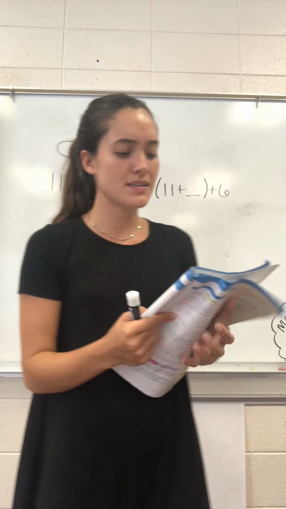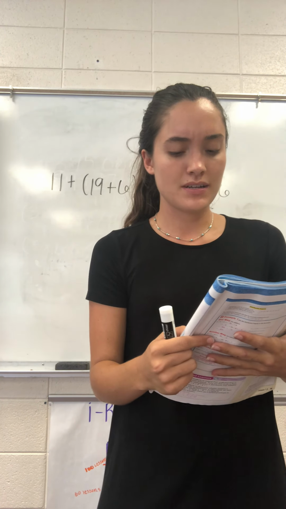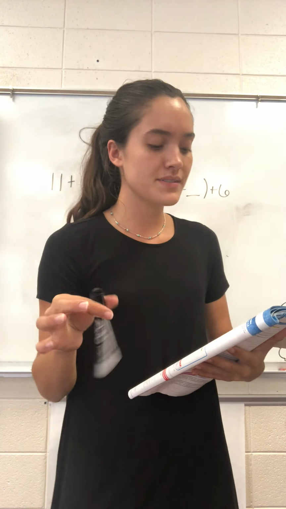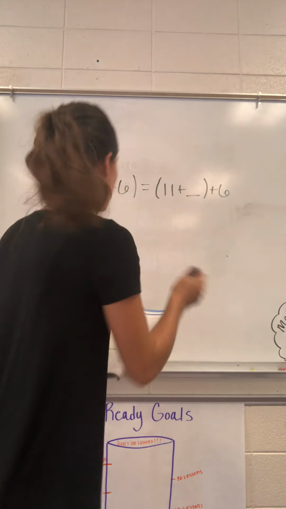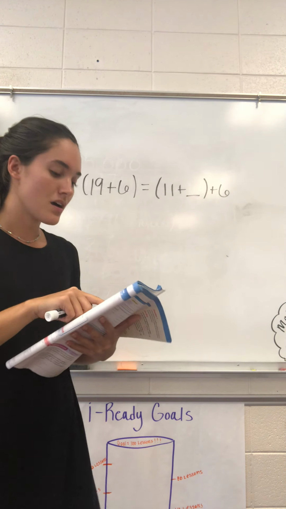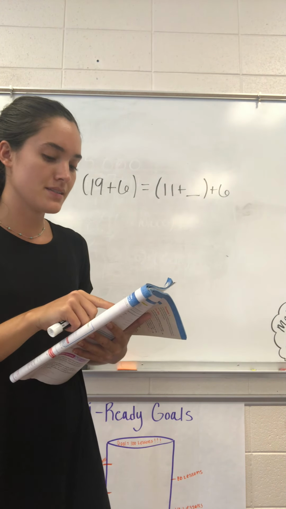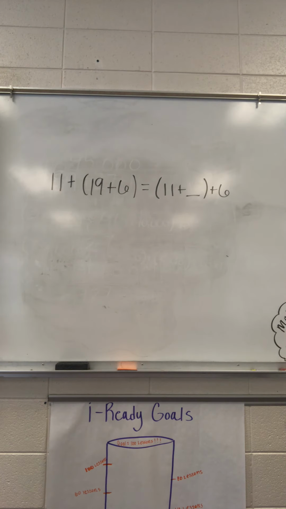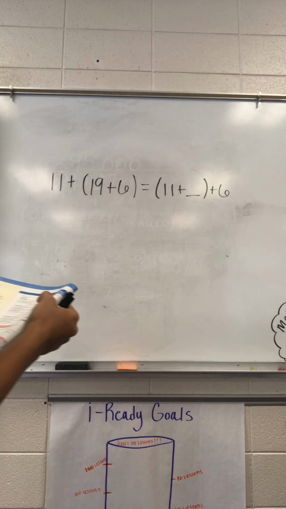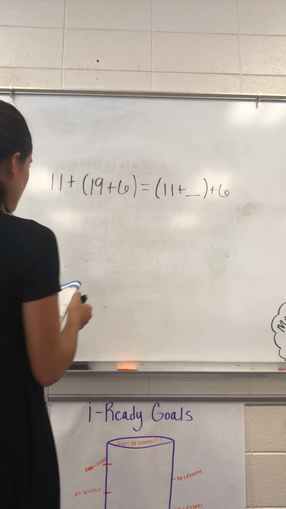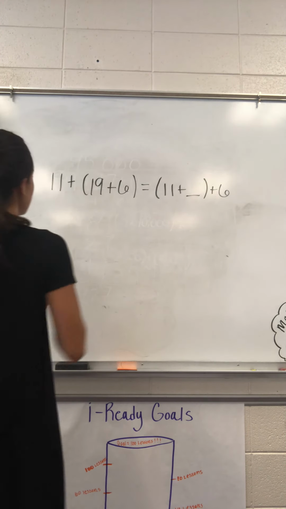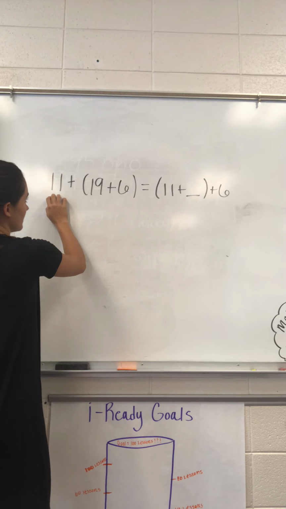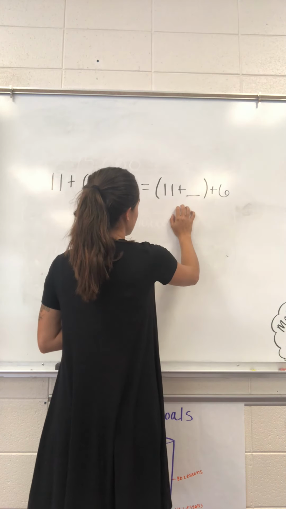So we've got the first one. It says, if the order of addends change, the sum stays the same. That's the commutative property of addition. The associative property of addition is if the grouping, which is the parentheses, of addends change, the sum stays the same. So did the grouping of the numbers in the parentheses change? Yeah, on this side, 11 is not in the parentheses, but on this one, 11 is in the parentheses.